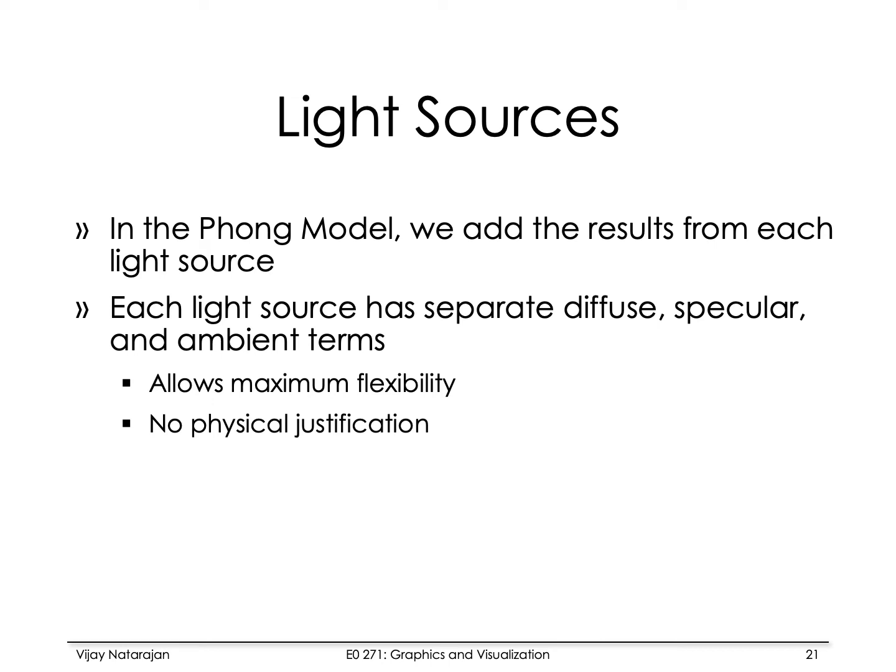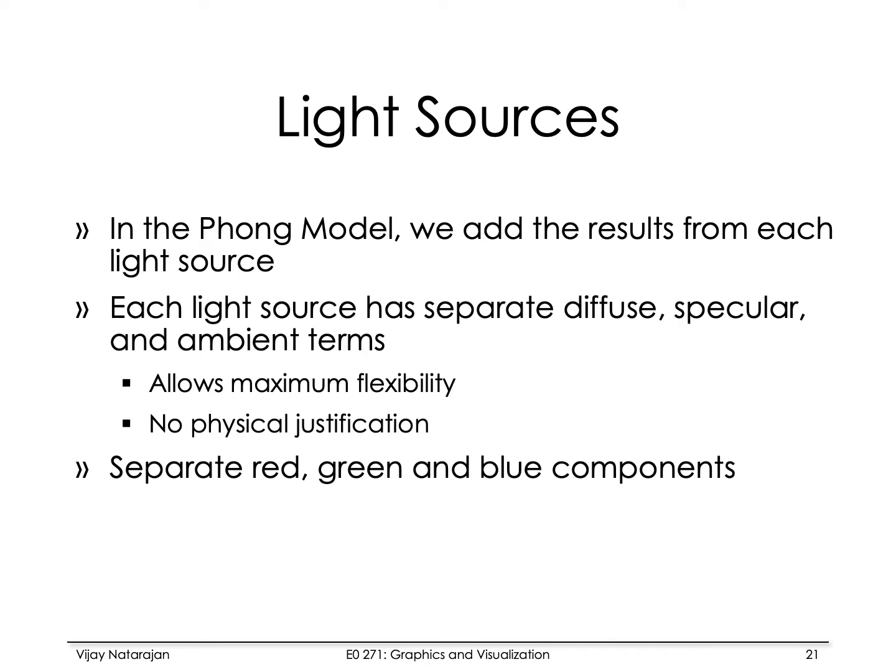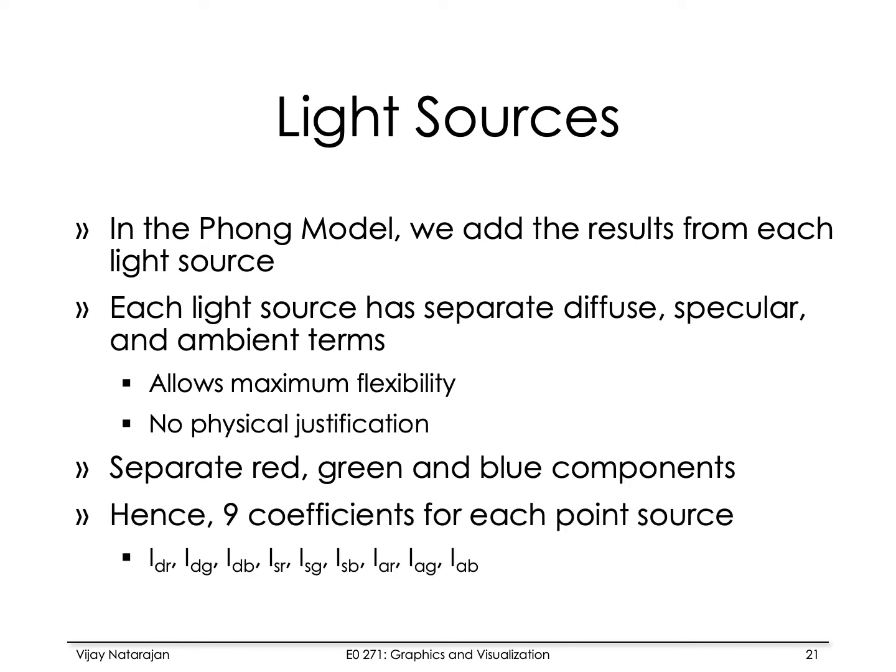So the flexibility also extends to the different color components. So we write different equations for the 3 components of color, R, G and B. So essentially we have 9 components for every light source. So for example here, IDR refers to the intensity of the diffuse light, D, in the R component, red component, and so on.